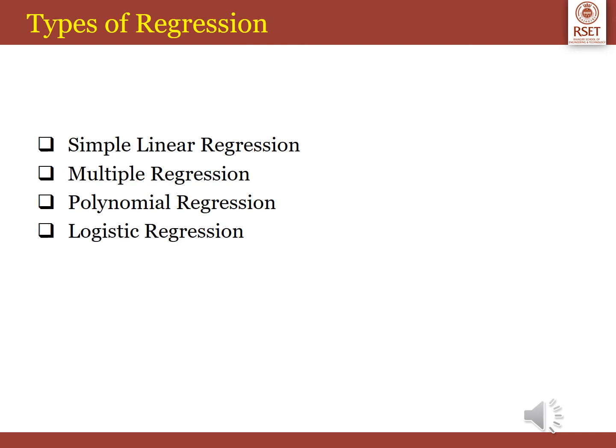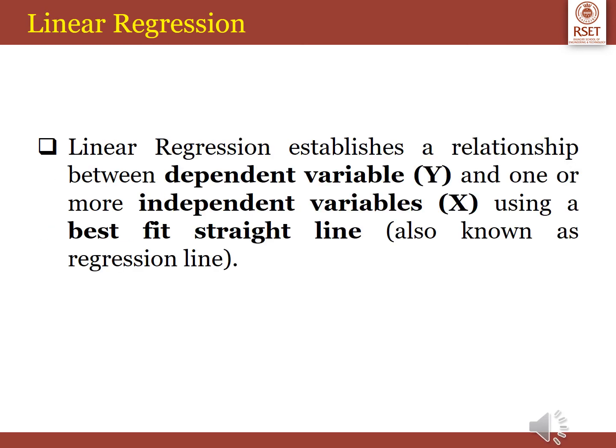Now we will see the different types of regression. There are mainly 4 types of regression: simple linear regression, multiple regression, polynomial regression and logistic regression. We will see in detail about each of these different types of regression. What is linear regression?